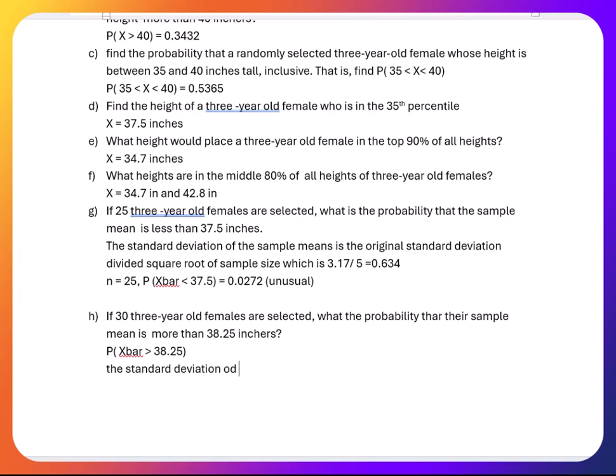The standard deviation of the sample means is 3.17, the original one, divided by the square root of 30 now. And let me pause and give you the answer, which is 0.579.